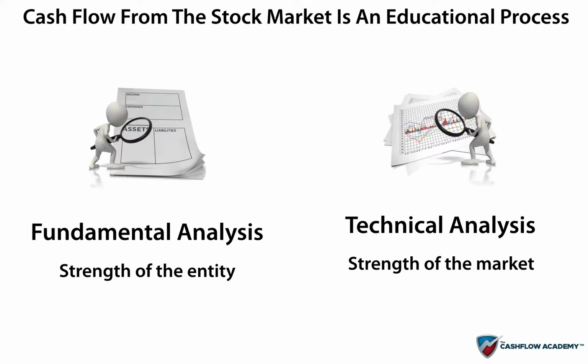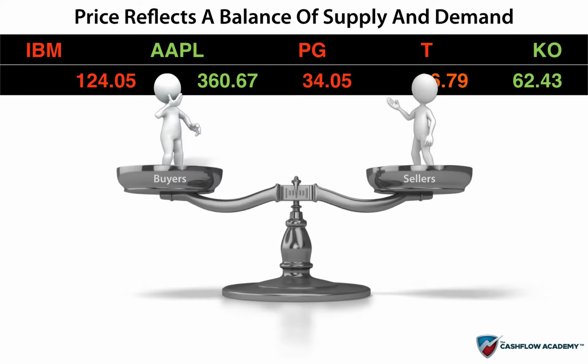So let's do this first segment just on what the supply and demand is and how this works. So like in any other market, the stock itself is a product. So think about that for a minute. The stock itself has a price fluctuation, not based on its fundamentals, but actually when it comes down to it, how many people want to buy today and how many people want to sell today.